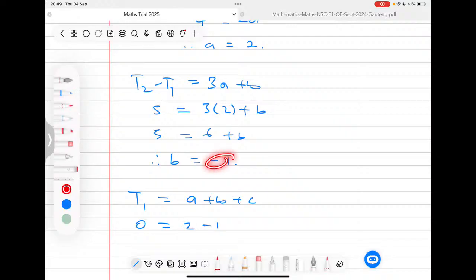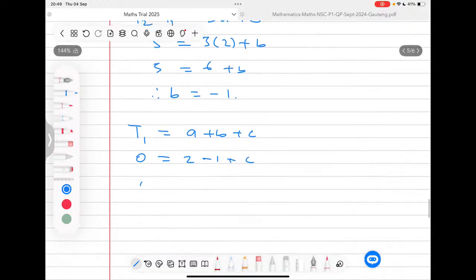Remember, when you take the positive and negative, it's going to be a negative here. And we don't have the c. We are actually trying to find the c. So now I'm having 0 is equal to 1 plus c, and therefore it means our c is also given by -1.